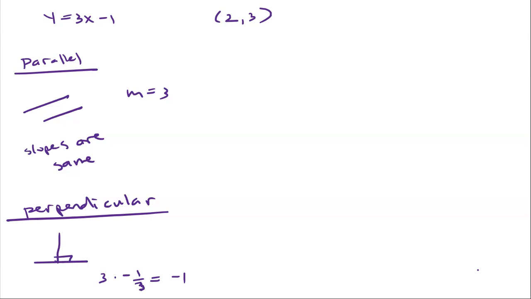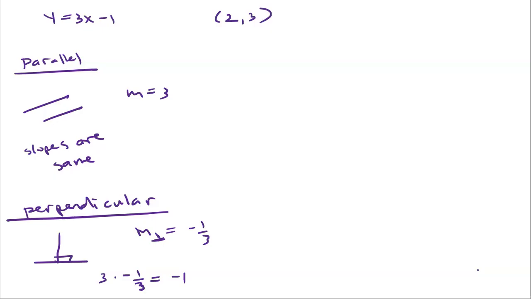So in this case, if I were to find the perpendicular slope, remember, this is the symbol for perpendicular, it would be -1/3. It's the negative reciprocal of that, basically the opposite of it. Okay. So this is parallel and then this is perpendicular.